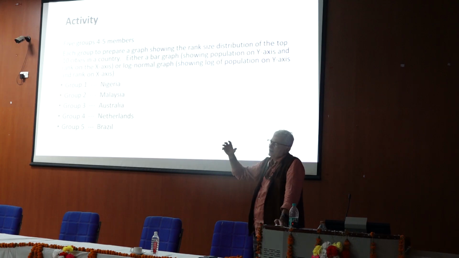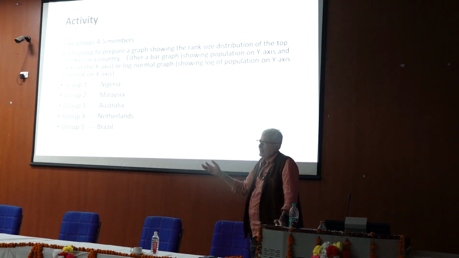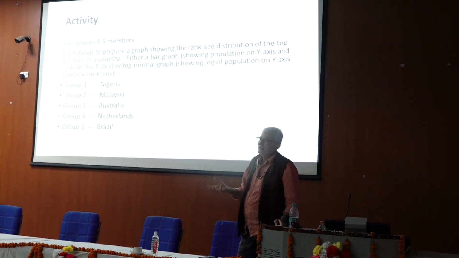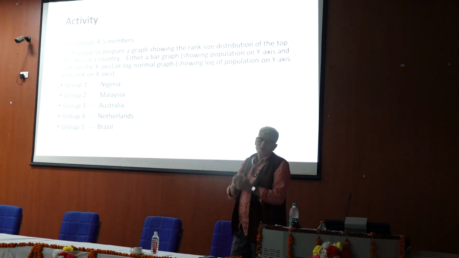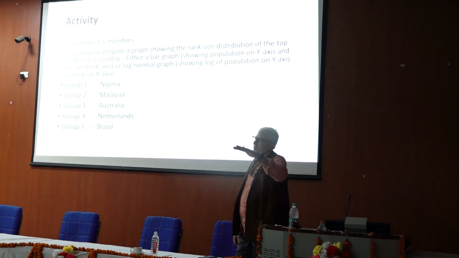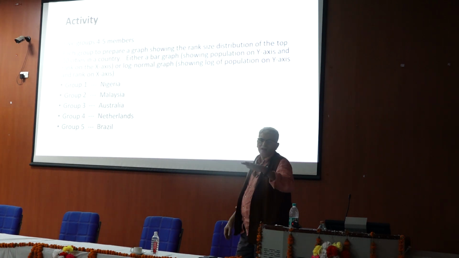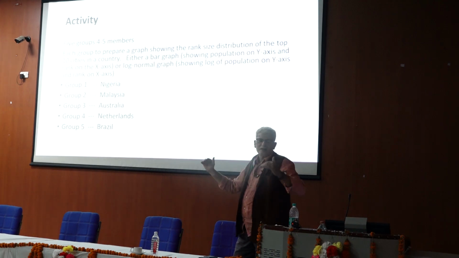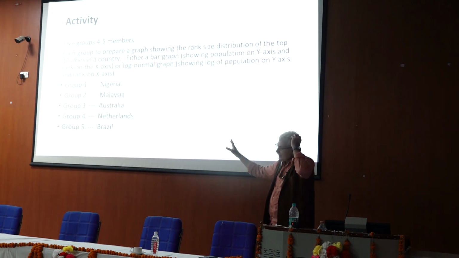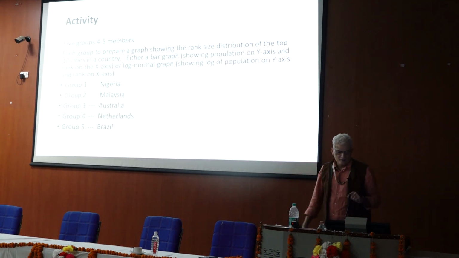Whenever you establish a new capital, new hospitals would be built, new colleges would be built. And so over time, in 10 or 20 years, the primacy of Lagos would be diminished, and you might have a better distribution. So right now we don't see that, but maybe in 10 or 20 years, we will see it.